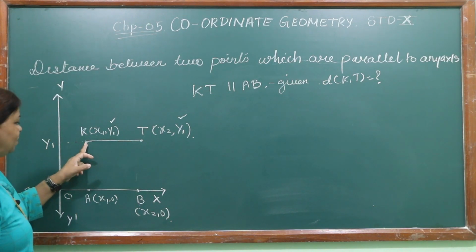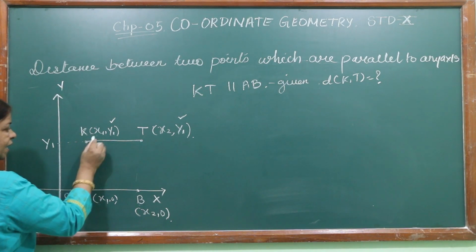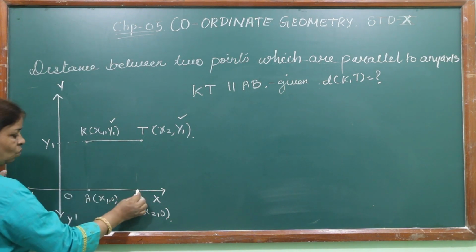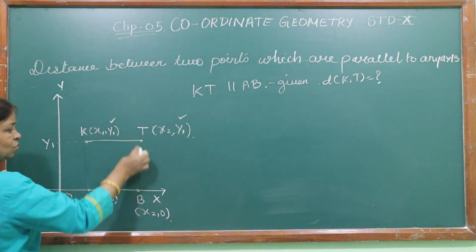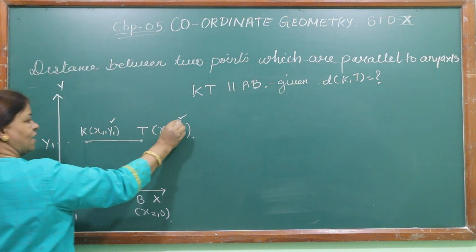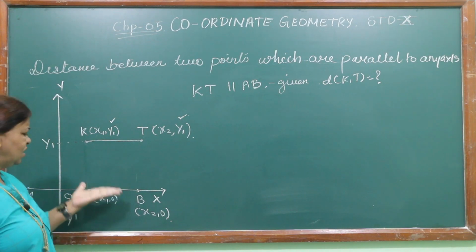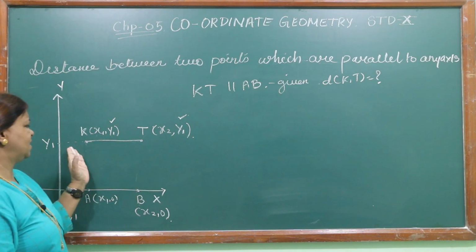So K will be x and y, where x is x1 and y coordinate is y1. What will be coordinate for T? It will be x2 and y1. See, y coordinates are same and we want to find out this distance. So we can use this simply, just we can find out x2 minus x1.